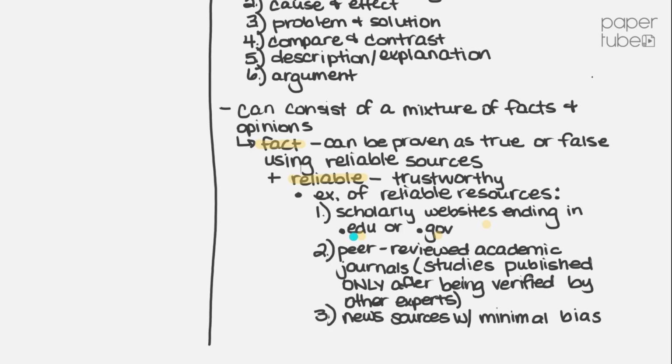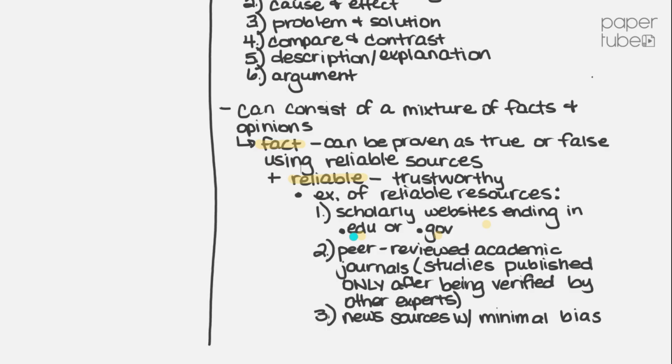Those ones are really reliable because you don't get published unless other experts have thrown in their opinions on your work. And then finally, there are actually more resources, but the last example I'm going to give you today would be a news source that has very minimal bias. You could think of PBS or NPR as being good news sources in that respect.